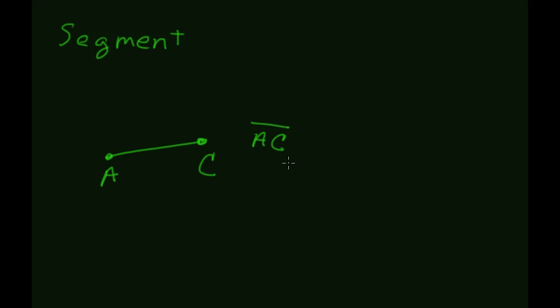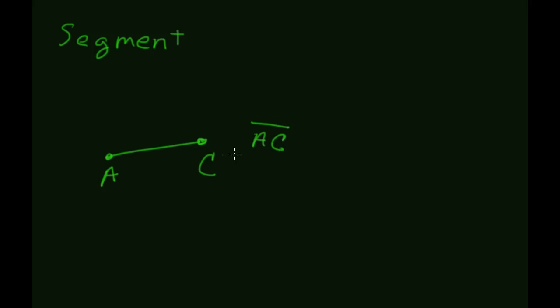Okay, so segments. All right, so when we draw a segment, we tend to have a point, a stretch, and another point. So we would say that this is segment AC. We can write this as segment AC with a bar over the AC and no arrowheads.